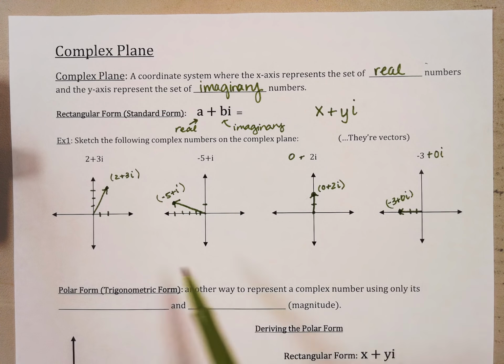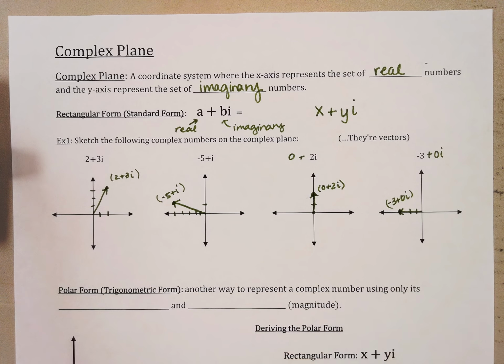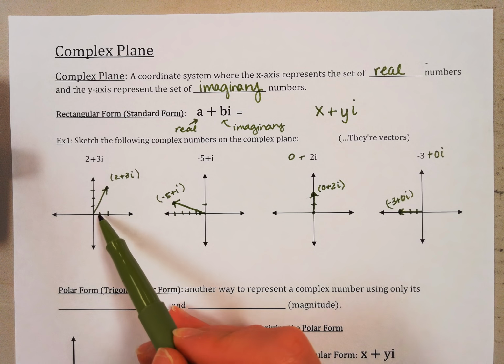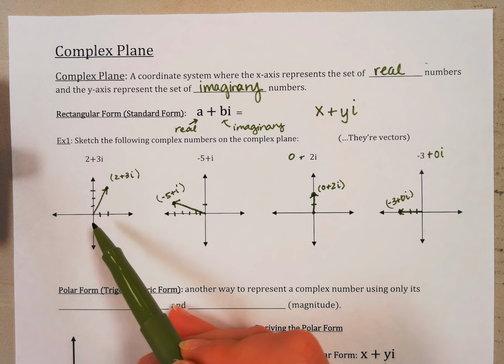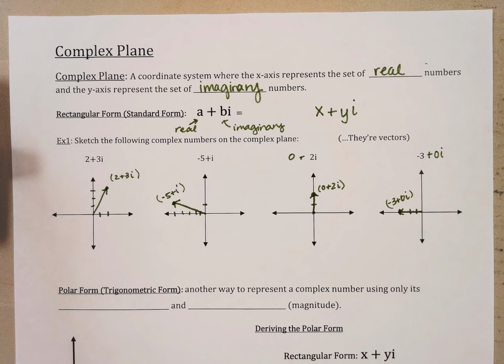Since we're dealing with all these vectors, it should look kind of familiar to you. We're drawing arrows on a plane, not the Cartesian plane. And with that arrow we're creating some direction and some magnitude, and magnitude is really the length, how far that vector goes. Now we're going to see how this angle, this direction, we can represent with some degree measurement, and that means that we can use trig.